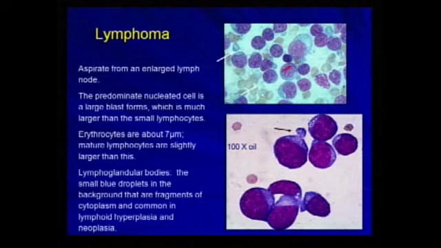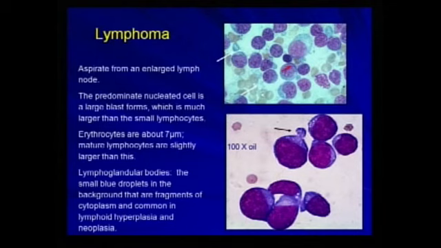The next thing to look at would be the range of cells. If it's a mixture of lymphocytes, lymphoblasts, plasma cells, and there's the occasional neutrophil, you're probably dealing with a reactive node. Lymphomas aren't replete with plasma cells.